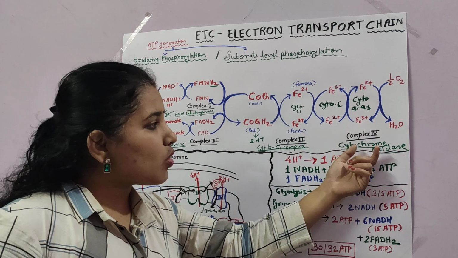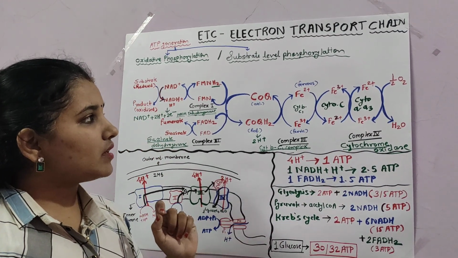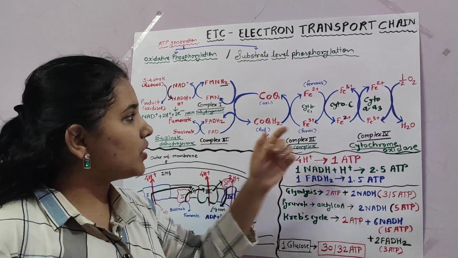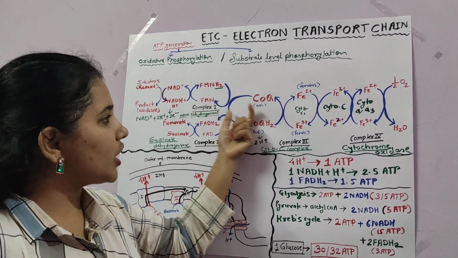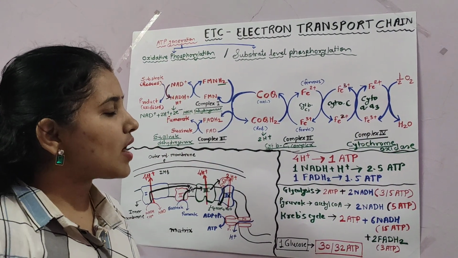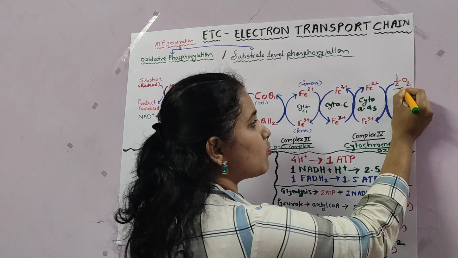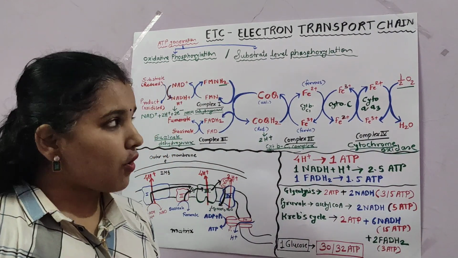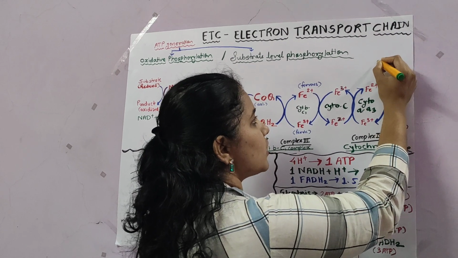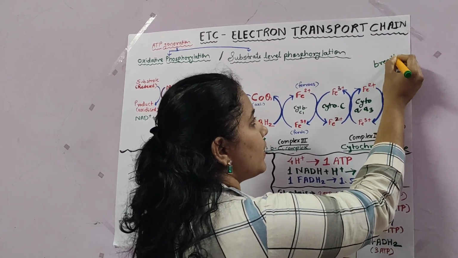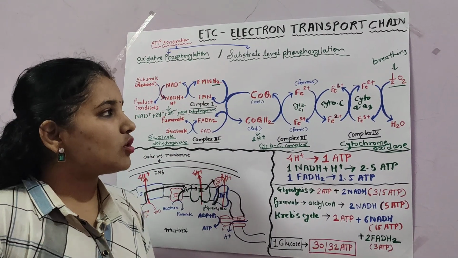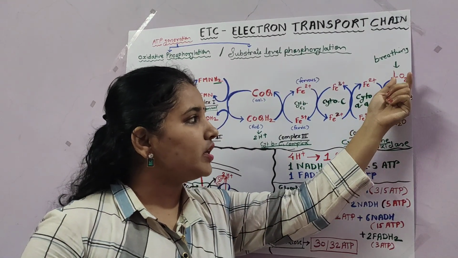Now what does this cytochrome oxidase do? This is the chain of electron acceptors and donors, and the final electron acceptor in this chain is atmospheric oxygen. From where does this oxygen come? This oxygen comes from breathing. When we breathe in, we take up the oxygen, and that oxygen is utilized over here.